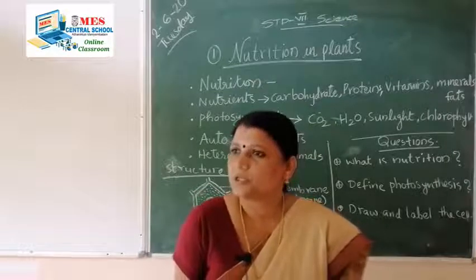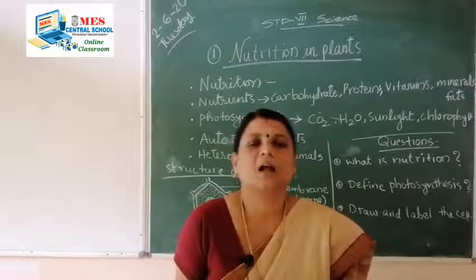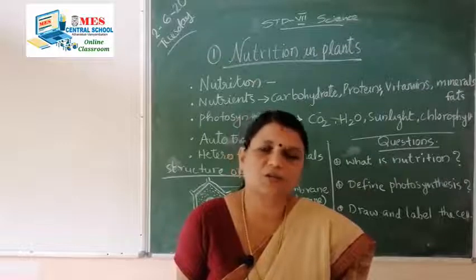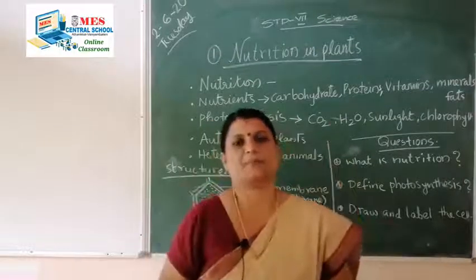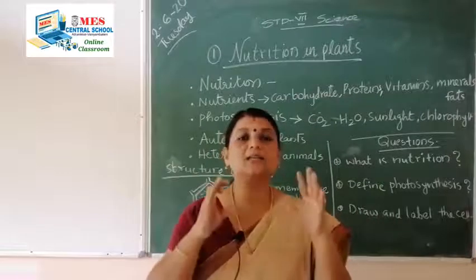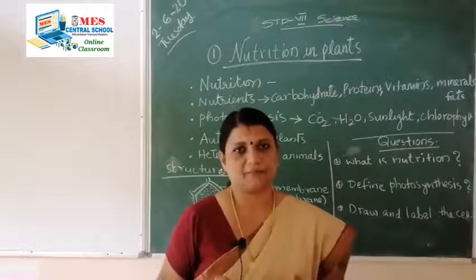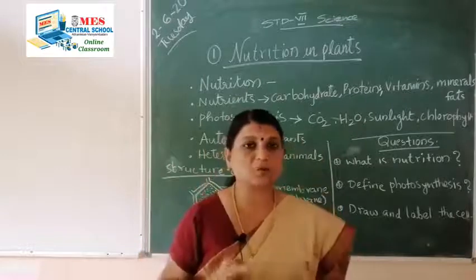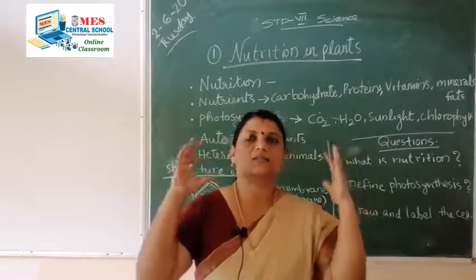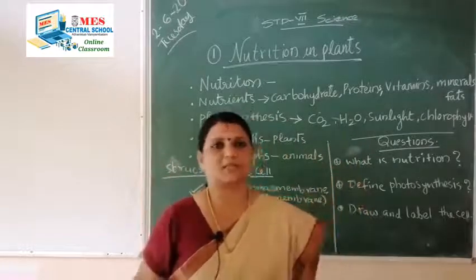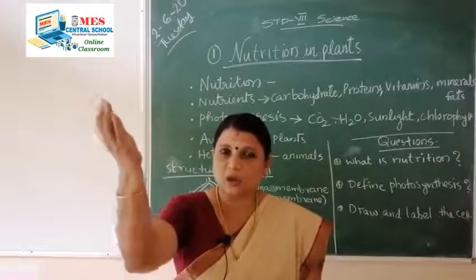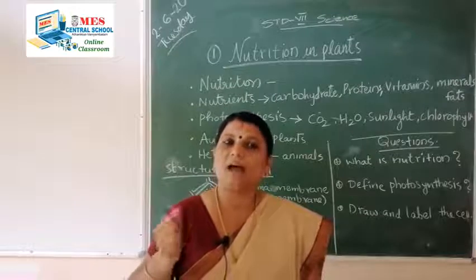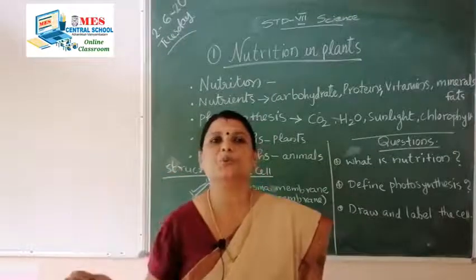And do you remember, from GK portions and from the 6th standard and 5th standard EVS also, you already learned that the sun is a ball of fire, and it is the biggest source of energy. We get solar energy from the sun, and plants acquire that solar energy and convert it into chemical energy.